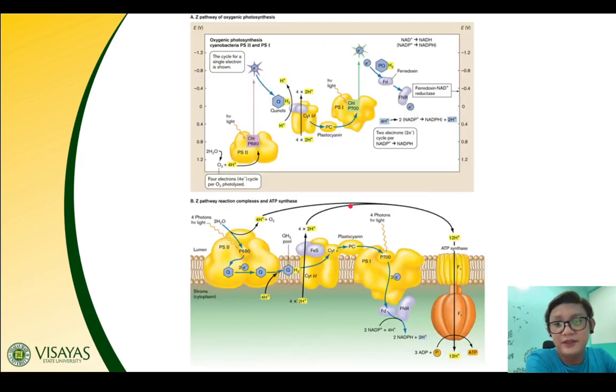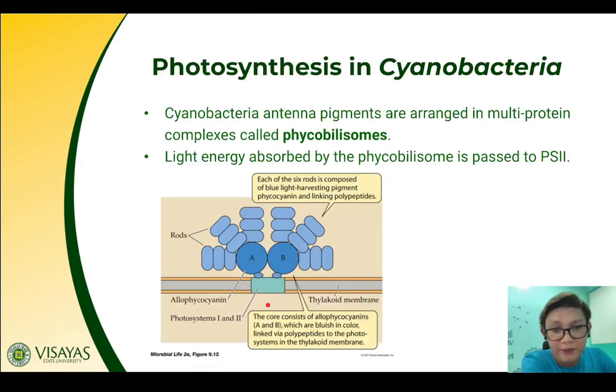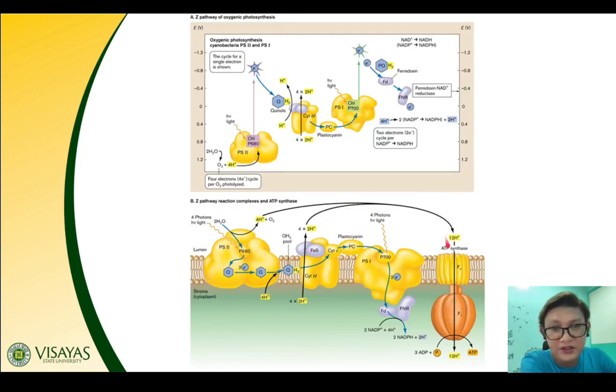This is another representation of the Z pathway of photosynthesis, not just like in plant cells. This is how ATP is produced during the light reactions, as the electron is donated through the electron transport system.